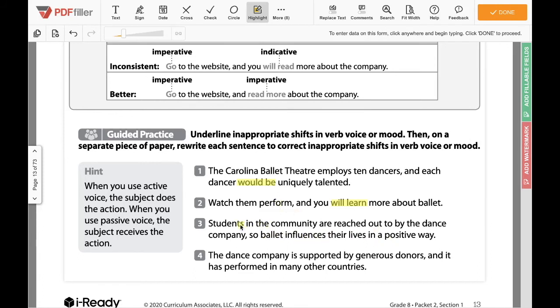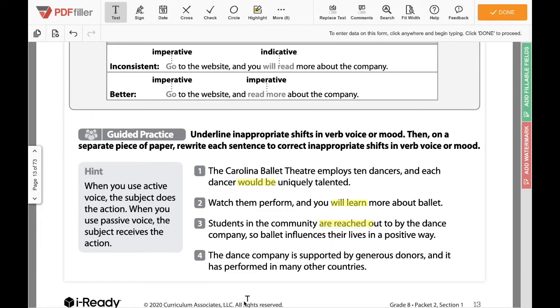If we look up here, students in the community are reached. It doesn't say their ballet influences or their lives are influenced in a positive way. Sorry, I'm jumbling around here. It doesn't say their lives are influenced in a positive way, but up here it says they are reached. So we need to change "are reached" to look more like our clause down here.